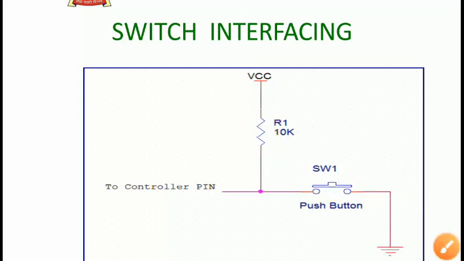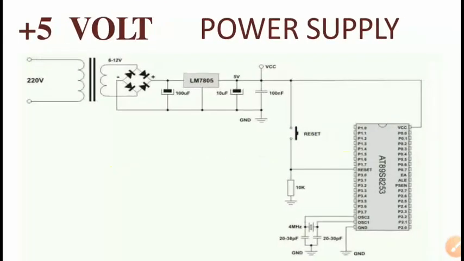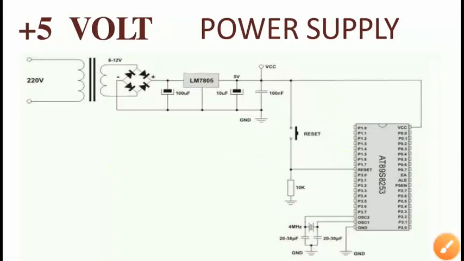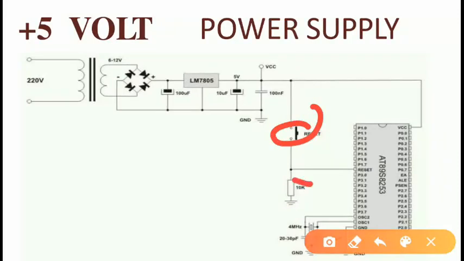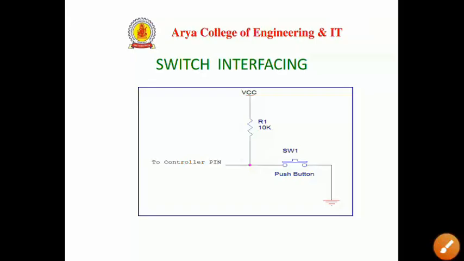So this is basic switch interfacing of push button. It is also clear from this diagram. Here also we are using a push button for resetting. There is a push button, and the resistor is also used in the interfacing of push button.